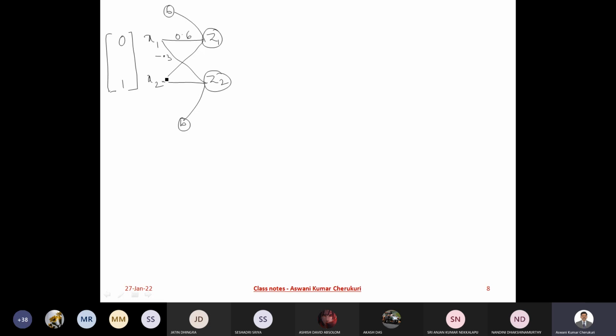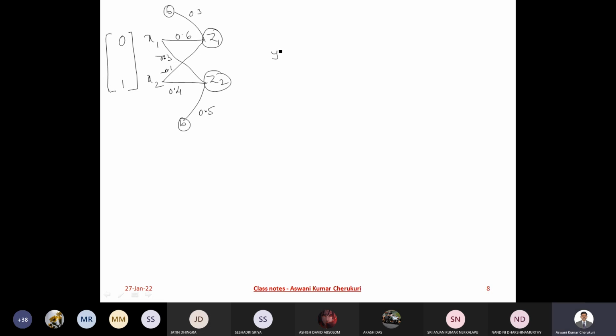Then X2 to Z1 is minus 0.1, and X2 to Z2 is 0.4. The bias to Z1 connection weight is 0.3, and the bias to Z2 connection weight is 0.5.